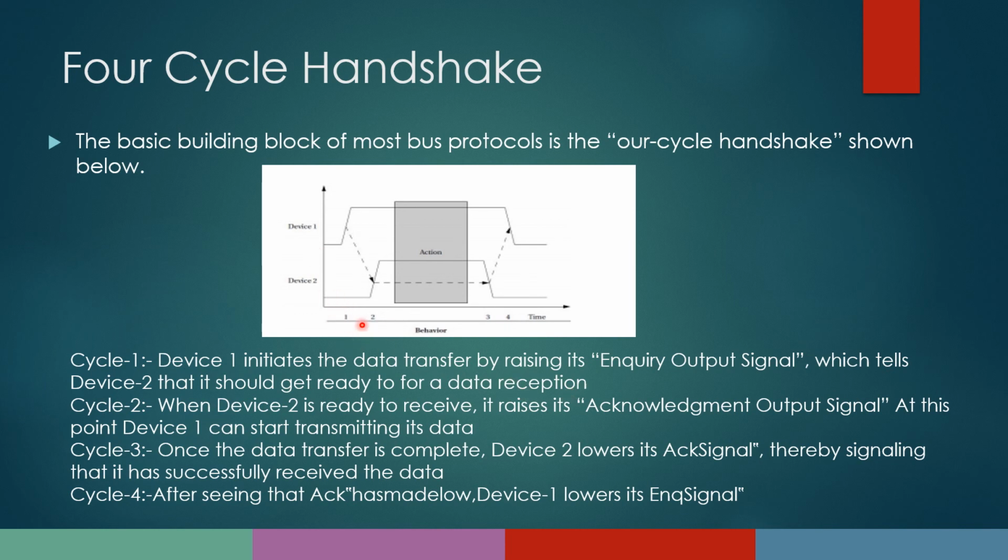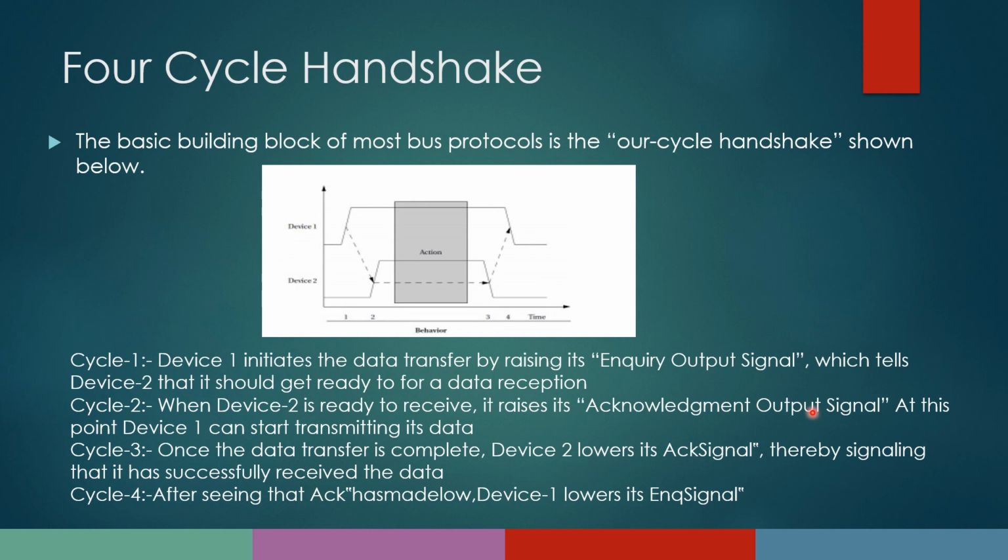So in the first cycle, you can see device 1 is initiating a communication by sending a handshake inquiry output signal. After a time delay, what will happen at cycle 2? Device 2 is ready to receive, so it now sends back its acknowledgement output signal. What does it indicate?